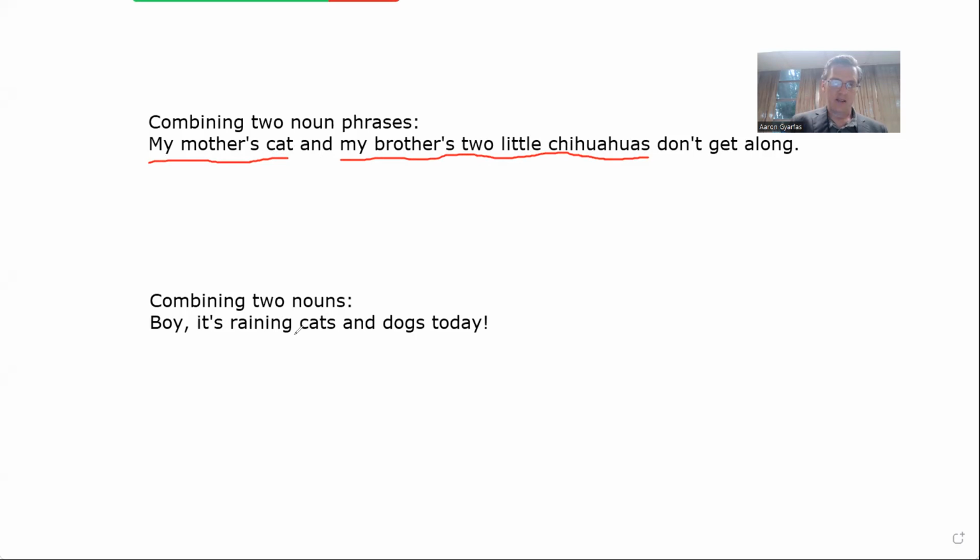And in the next one, we have two nouns, cats and dogs. Two plural nouns, not the subject of the sentence. So the conjunction and can be used to combine two words or two phrases, and it can be anywhere in the sentence, in the subject or the predicate.